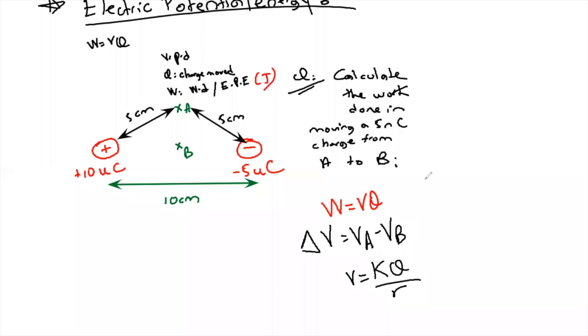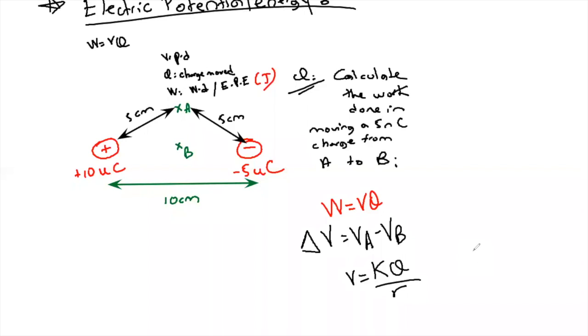All right, one hint: you would subtract this potential and this potential, because this is positive and this is negative. So the potentials would get subtracted.